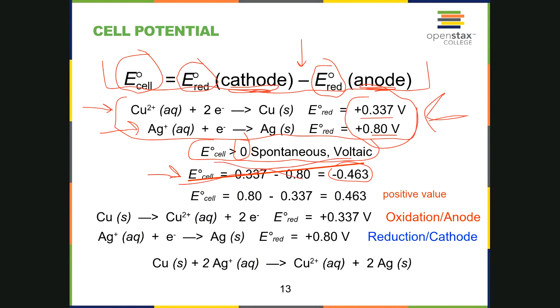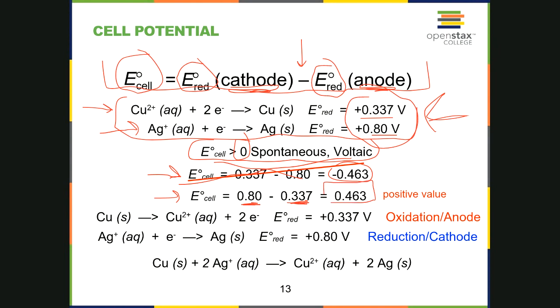We come back and do it again, but the second time now, we're using the silver reaction as the cathode, so the positive 0.8 there, and then we're using the copper as the anode over here. And this time we get a positive value.